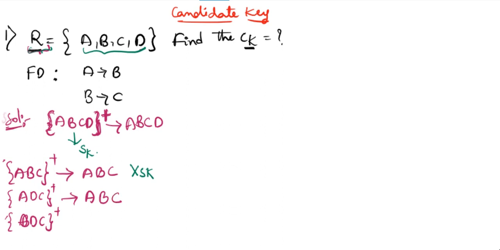C determines C, and D determines D. That's why this closure gives the complete table R. That's why it is a super key.